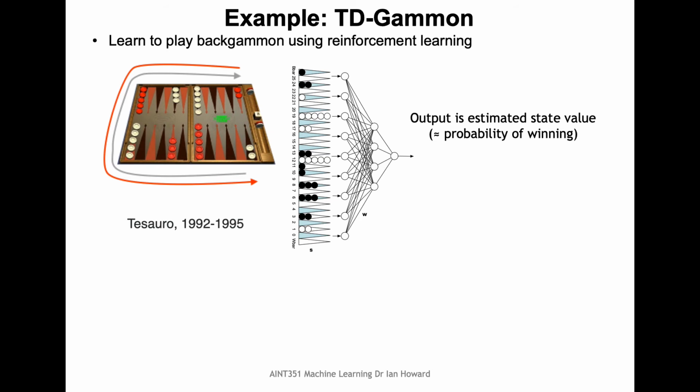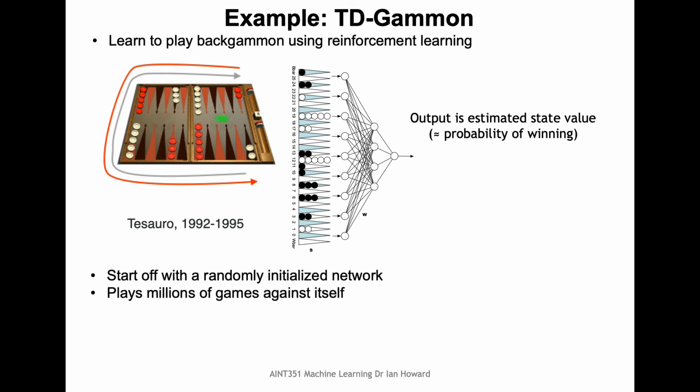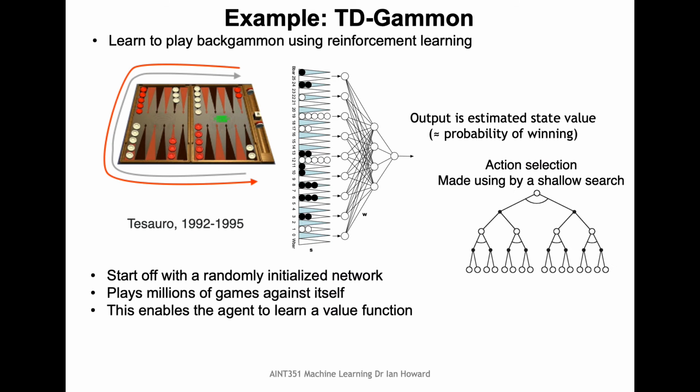You've got a certain state of the board, and you want to know how to choose the next action which gives you the best possible chance of getting a long-term reward. Initially you'd start off randomly playing, and this particular algorithm, like I said, a very old version of a game playing algorithm, was played millions of times. The system could then learn the value of the states, and then learn to make an optimum action in order to gain as much reward as it can.